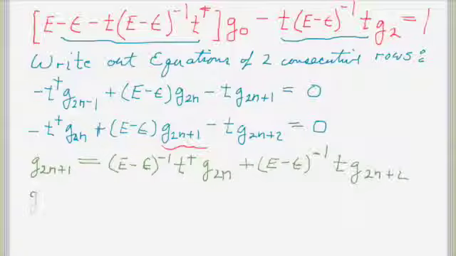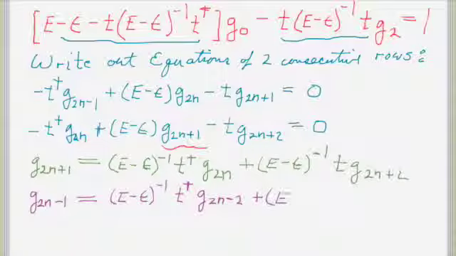Let me write that down. So G2n minus 1 is equal to, it's going to have the same form, (E minus epsilon) inverse T dagger G2n minus 2 plus (E minus epsilon) inverse T G2n.